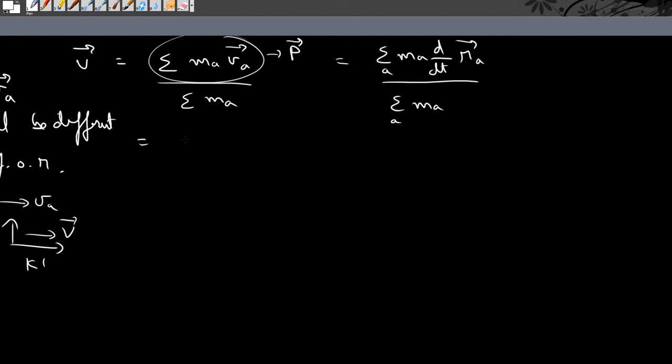This in turn can be written as d/dt of summation over a of m_a r_a divided by summation over a of m_a.